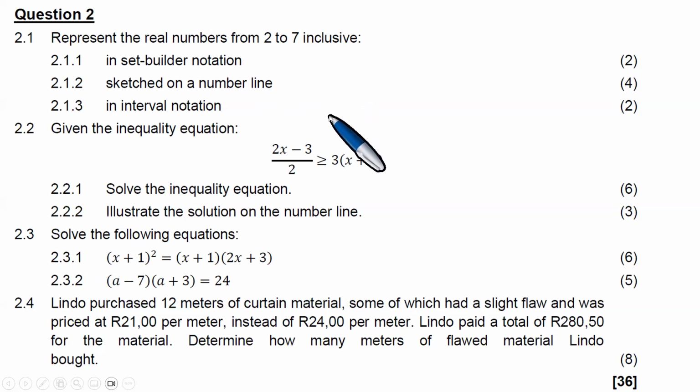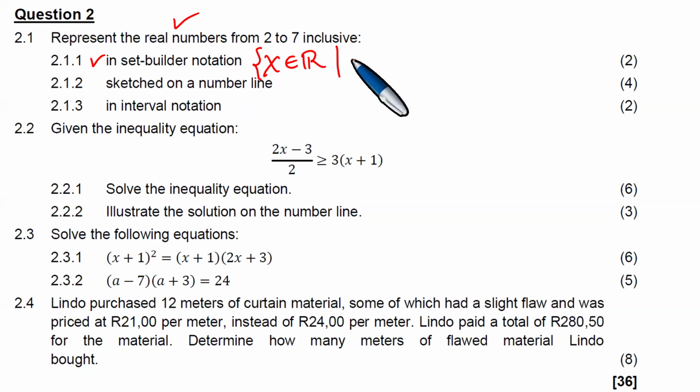Inclusive, yes. If you look at the numbers from 2 to 7 inclusive, first you must write it in set builder notation. So what is set builder notation? Remember these are real numbers. It means that there's a number x which is real, such that x is an element of real numbers, but it's from 2 to 7.